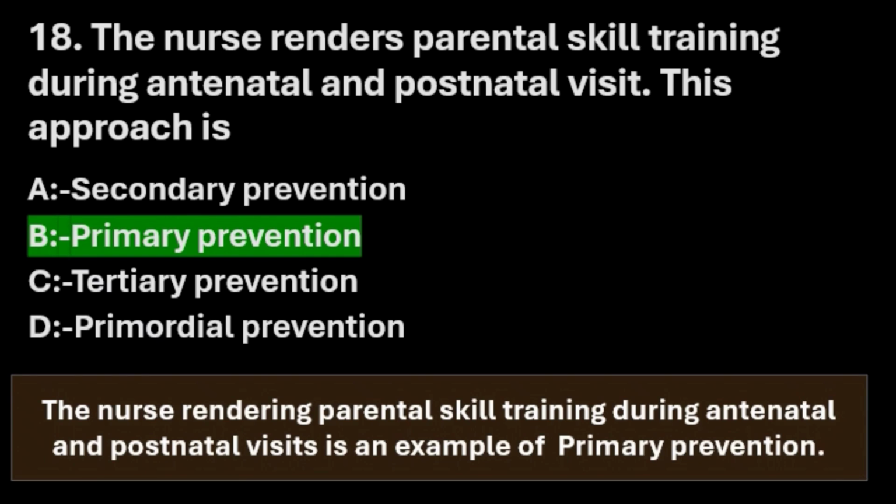Primary, secondary, tertiary, and primordial prevention methods, I have explained it many times in many of the previous exam preparation videos. Please go through them in detail with the examples from the previous videos. To minimize the time, we will go to the next question.